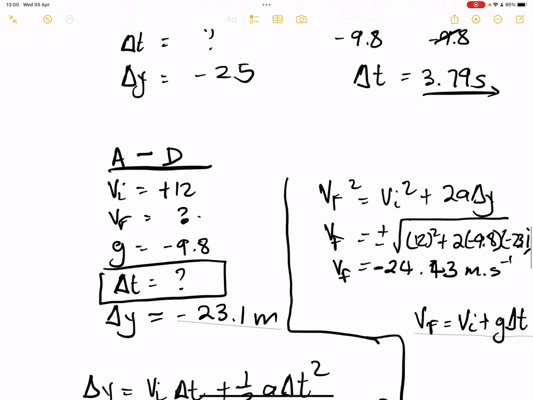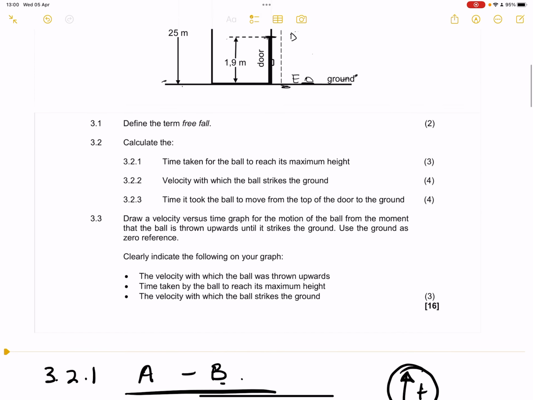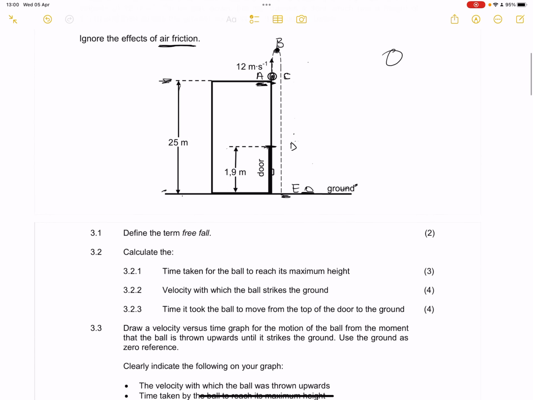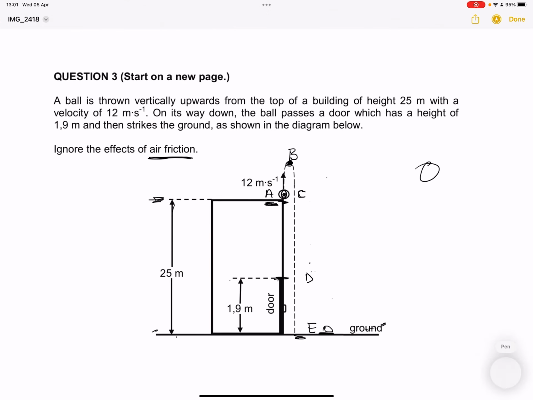what velocity did we start with? We started at positive 12. You remember that, right? So when you go back there, we started at positive 12. And what happened? It started decreasing. When it got to B, it was 0, right? So I know when we get to C, we will have negative 12 there.